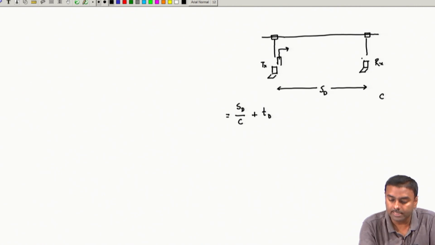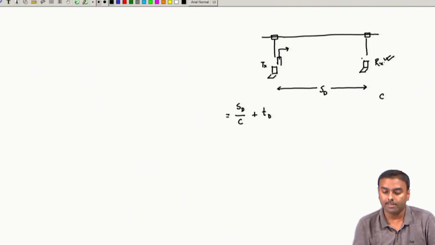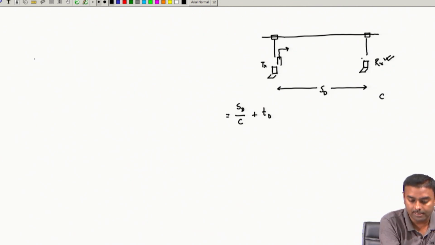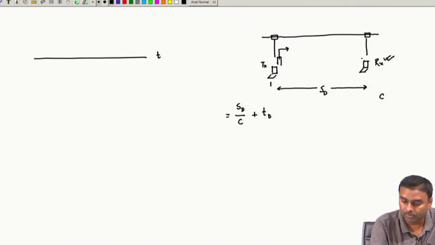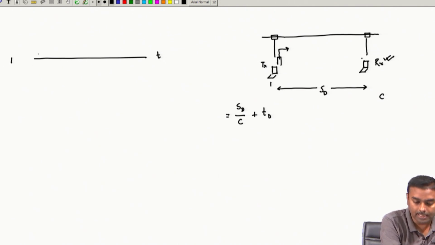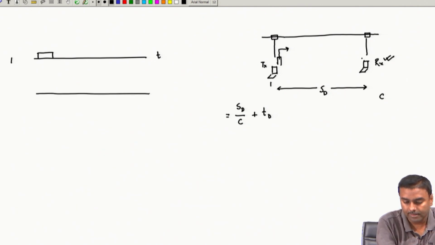SD by c plus TD is the time after this node has started transmitting. Let us say in the time frame this is node 1, whose transmitter started transmitting the first bit, and this is node 2.